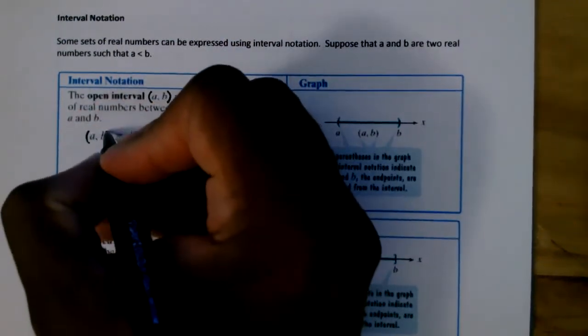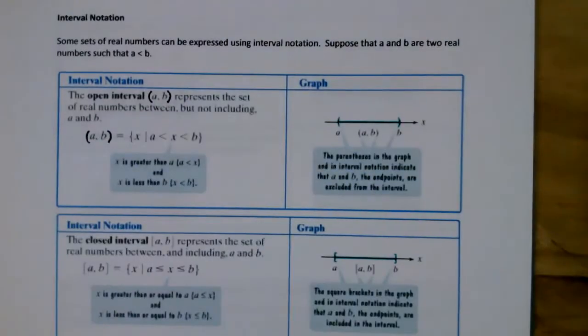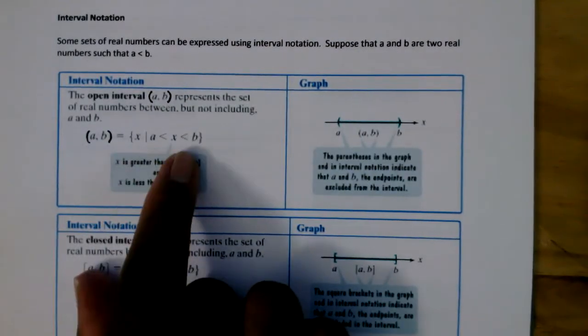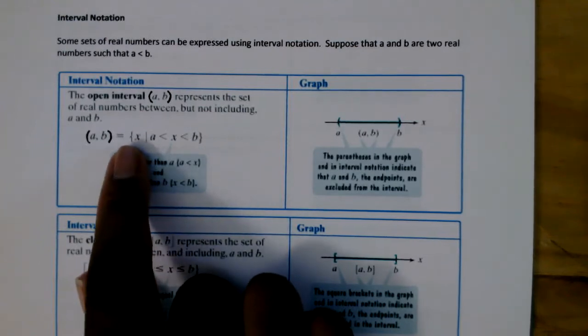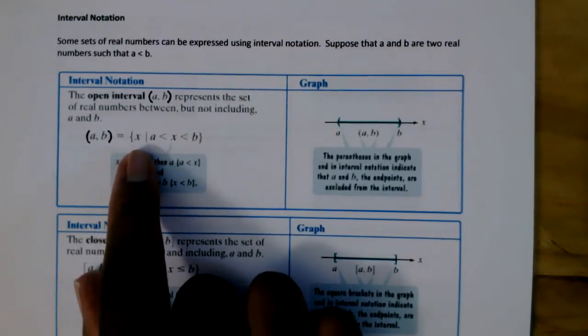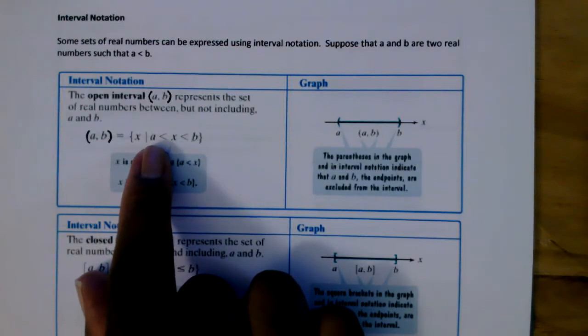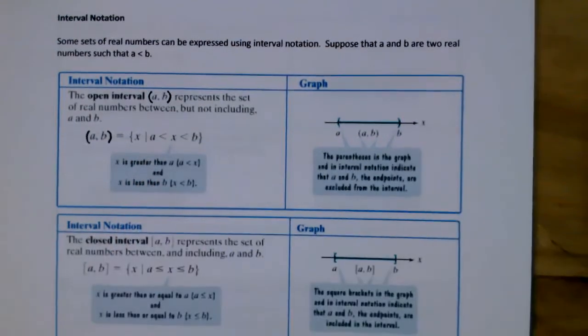So in this case here, the open interval AB, if we write that in set builder notation, it will be this: the set of all x such that x is greater than A and less than B. That's considered to be the open interval.